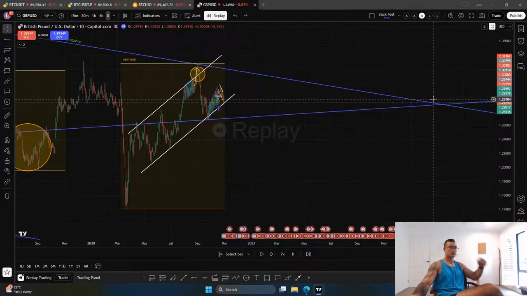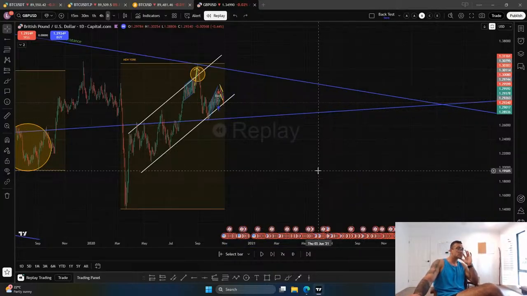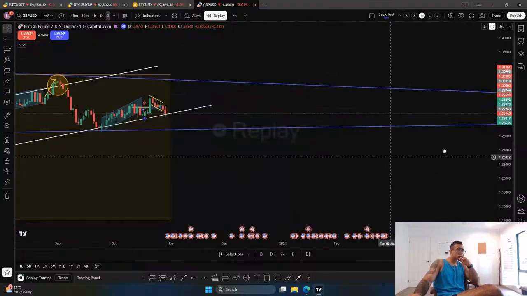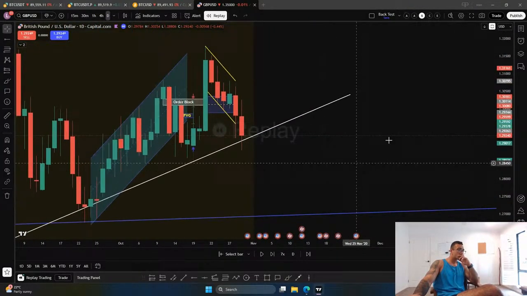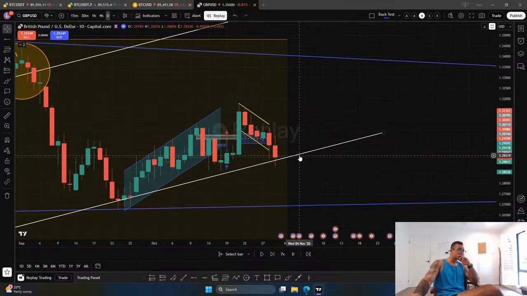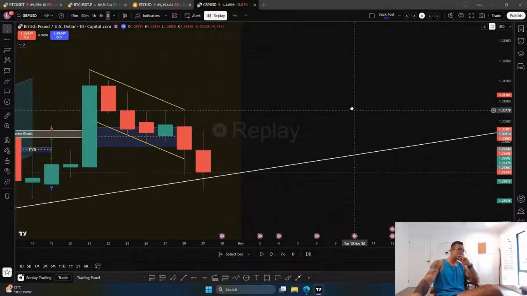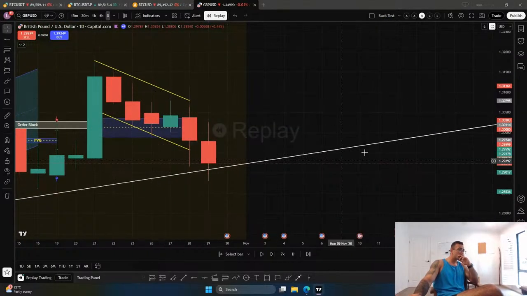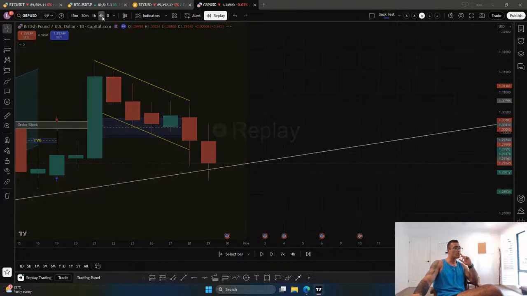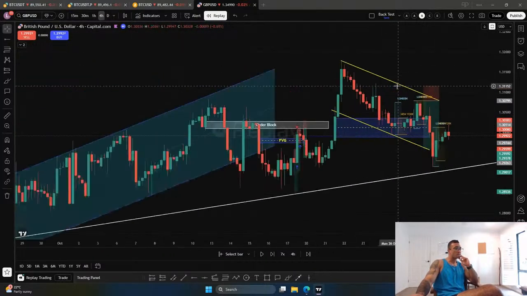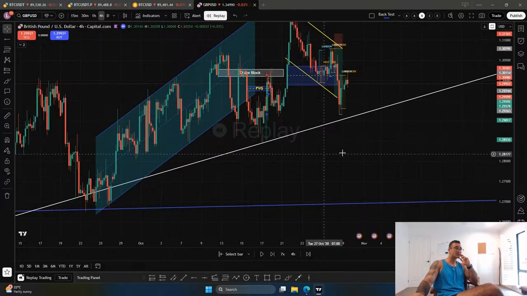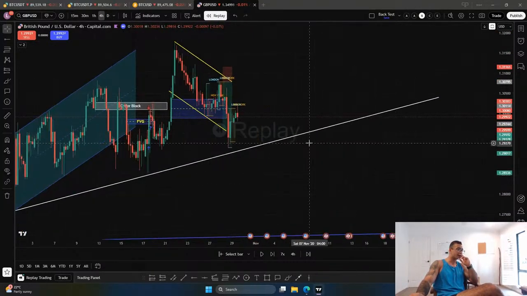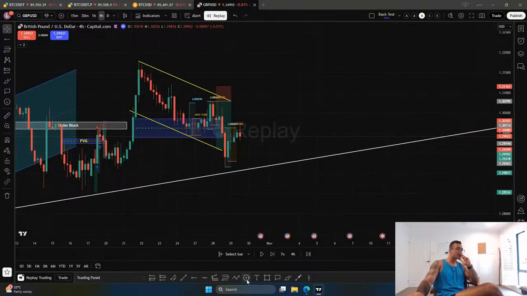So on the 4-hour time frame. So we've just broken down here. What am I starting to see a little bit here? We're starting to stay above this line here, okay? So I think we could potentially maybe like go down here.